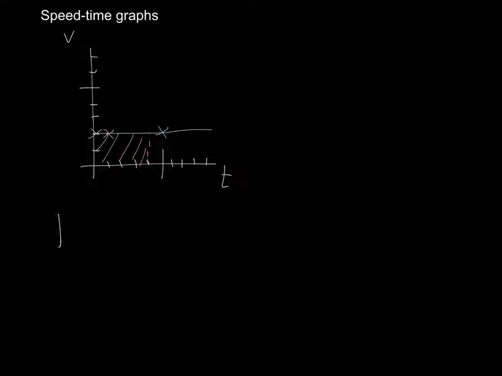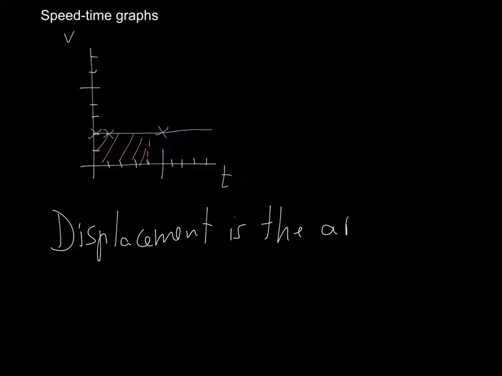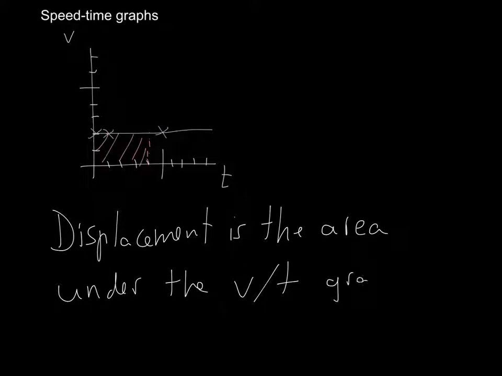So, displacement is the area under the velocity time graph.